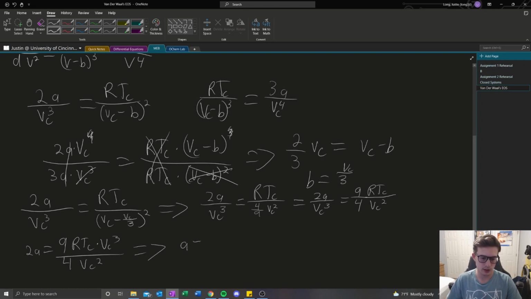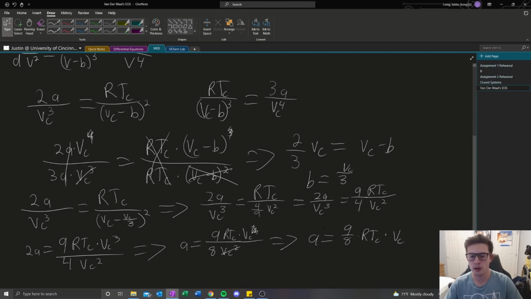So then we're going to have A is equal to 9/8 BC squared RTC times BC cubed. And then we're going to go ahead and simplify this here. And A is going to be 9/8 times RTC times the critical volume.